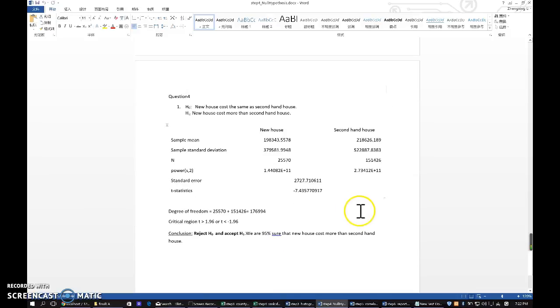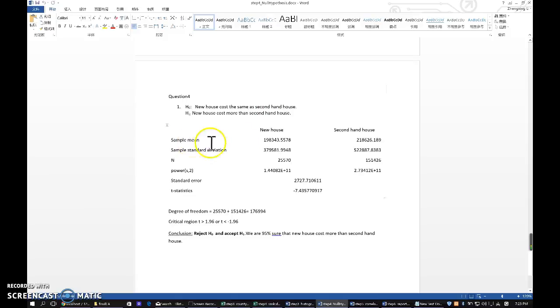And the next is question 4, and the null hypothesis is new houses cost the same as second-hand houses, and the alternative hypothesis is new houses cost more than second-hand houses.